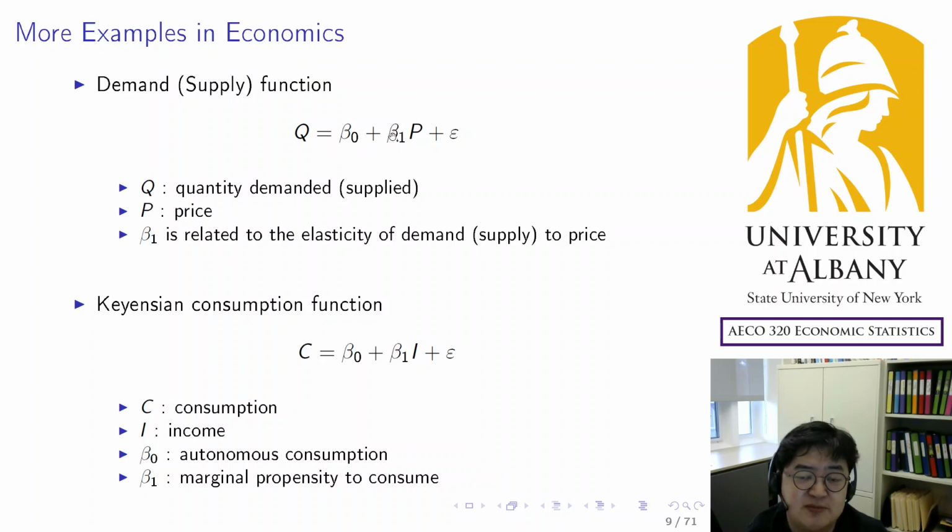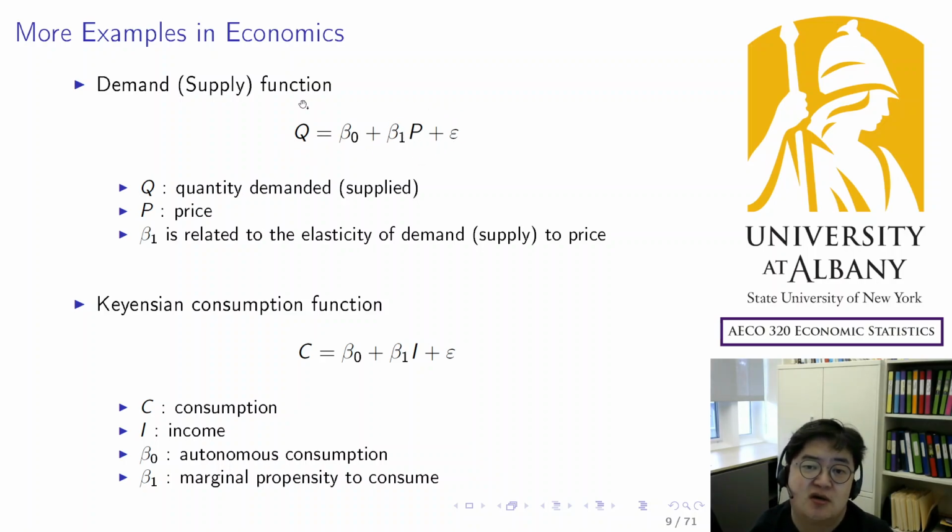If beta 1 is big, that means the demand is elastic to the price, sensitive to the price. So you have to keep your price low. But if beta 1 is close to 0, that means even if you increase your price, the demand does not decrease. So you can just increase the price to maximize your profit. Of course, beta 1 is expected to be a negative number.